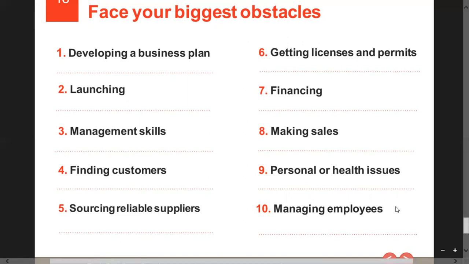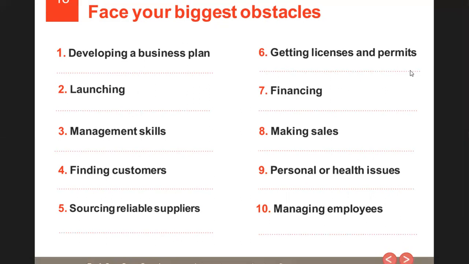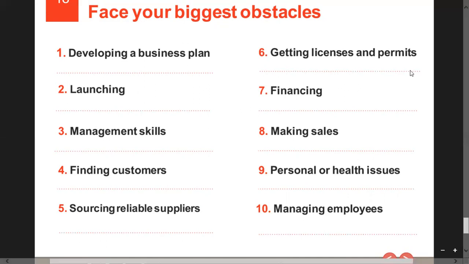Number five, sourcing reliable supply. Yeah, we have to use a reliable supplier. And number six, getting license and permit. Yeah, it is related to legal law or legal documents. You must have permission from the relevant institution like the Ministry of Commerce and other ministries or other institutions. Number seven, financing, the money.